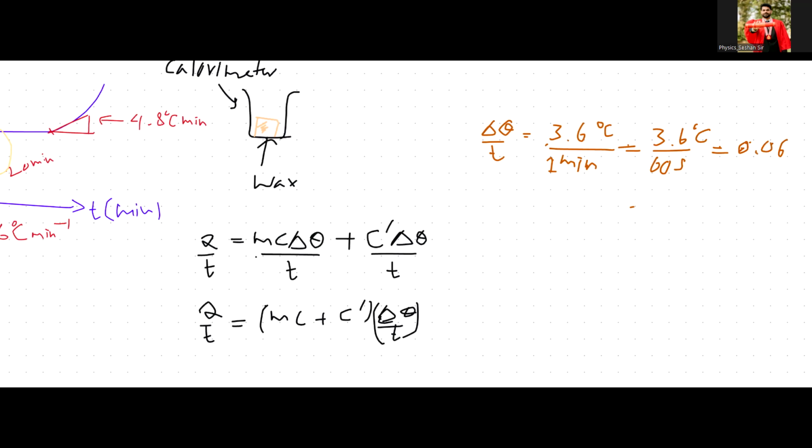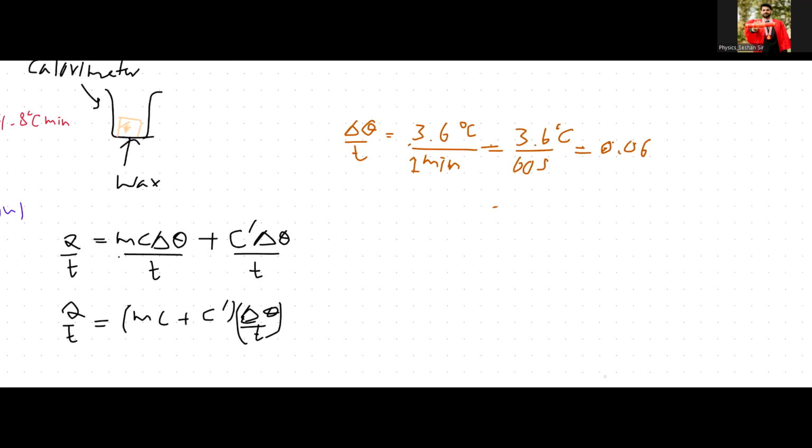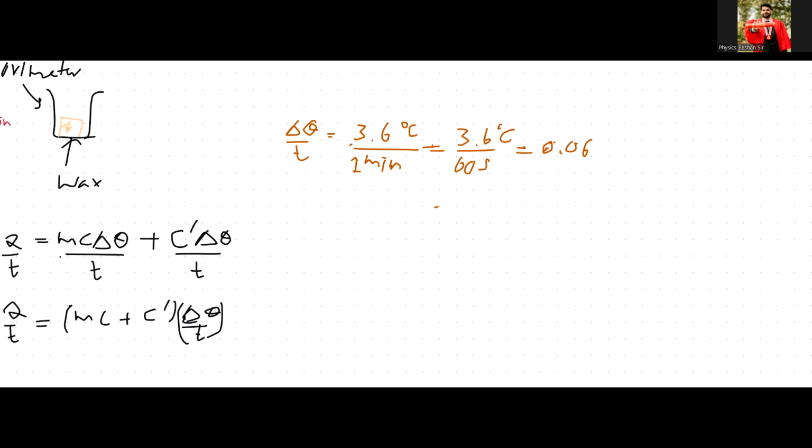Now what should the unit be? It should be Celsius per second. If you have any doubt, just tell me. Okay. Now we have that delta theta over t with the SI units.